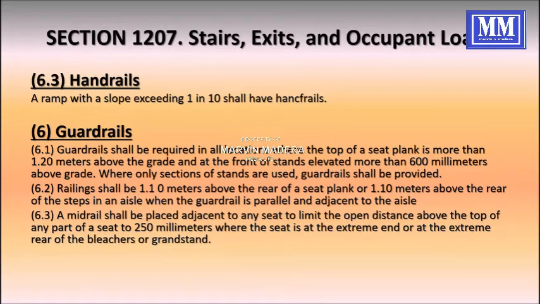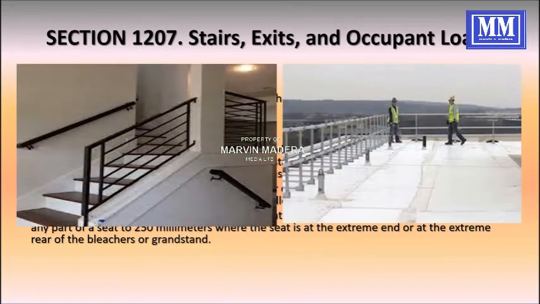We have here this figure of a handrail that is present on the sides of the stairs. It will guide or protect the users or the occupants from going or continuing to the other part of the stairs.